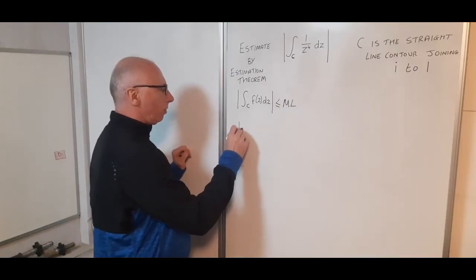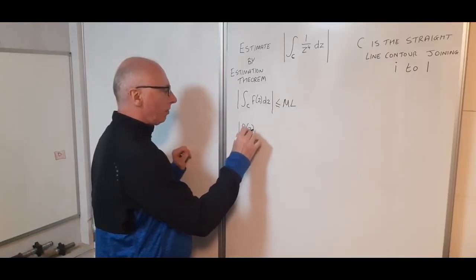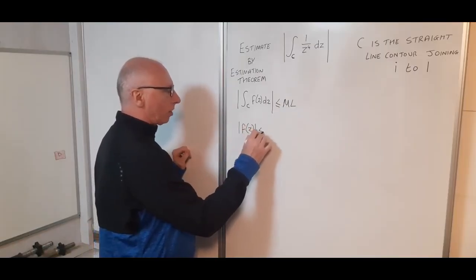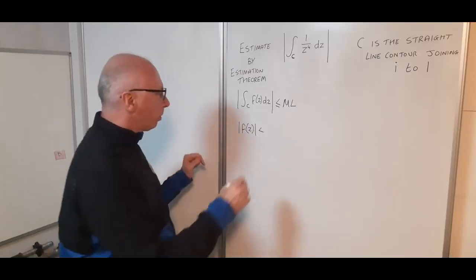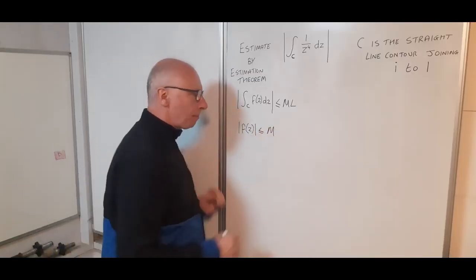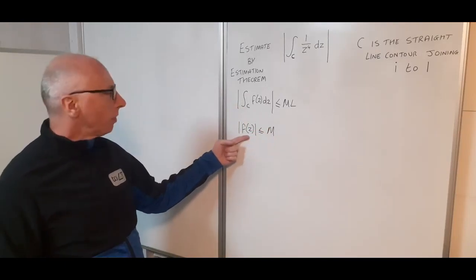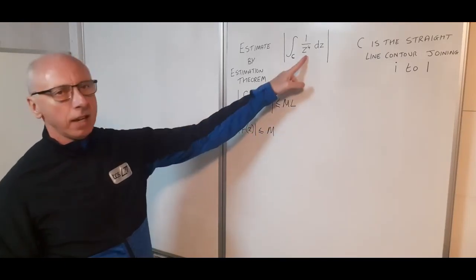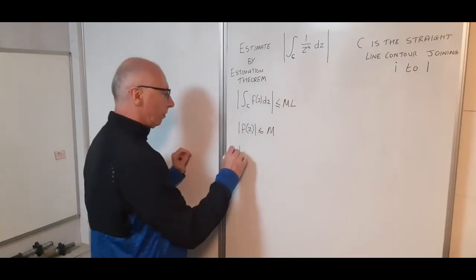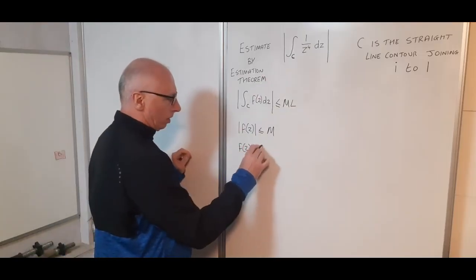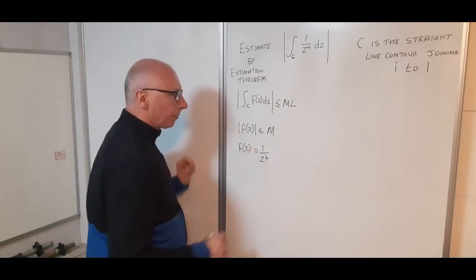So if I do the absolute value of f of z, that is going to be less than or equal to some value M. So this is basically the maximum value of the absolute value of the function. In this case, f of z is 1 over z to the 4.